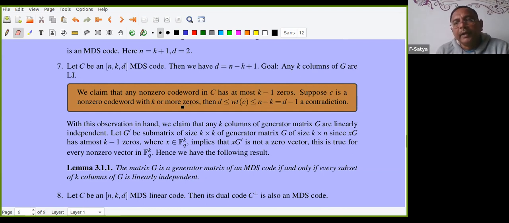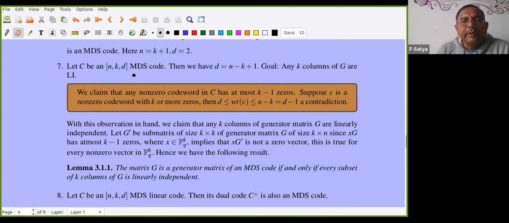Then the weight is less than or equal to n minus k, right? But d is less than or equal to the weight of any non-zero codeword, since d is the minimum of all the non-zero weights. But n minus k is less than d, a contradiction. Is it okay? This part is okay.